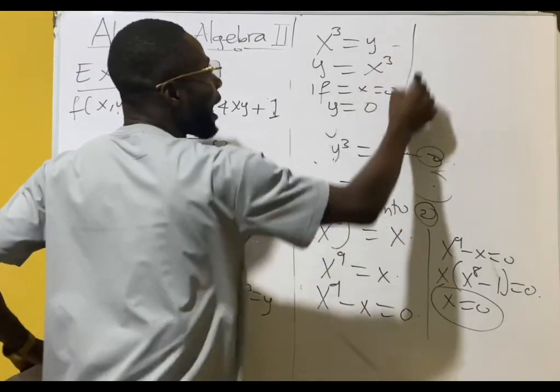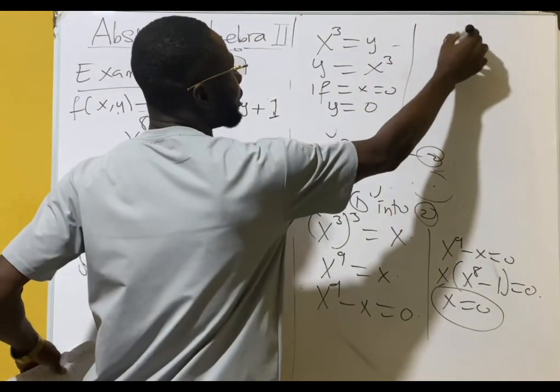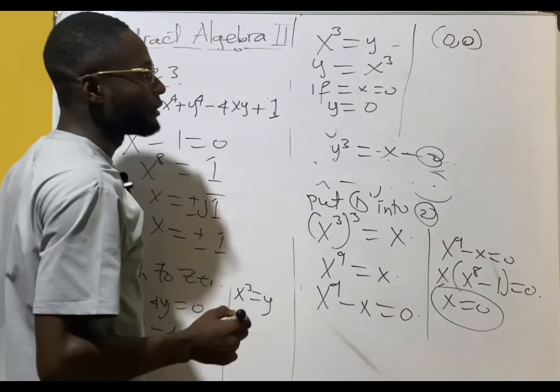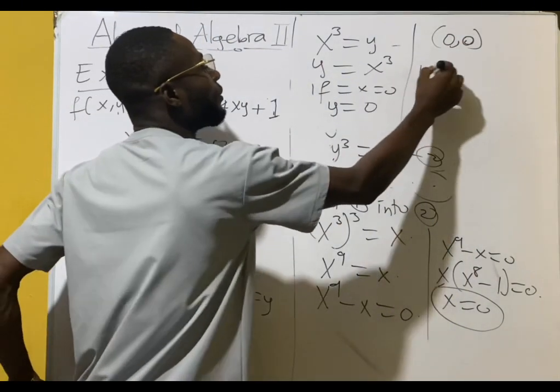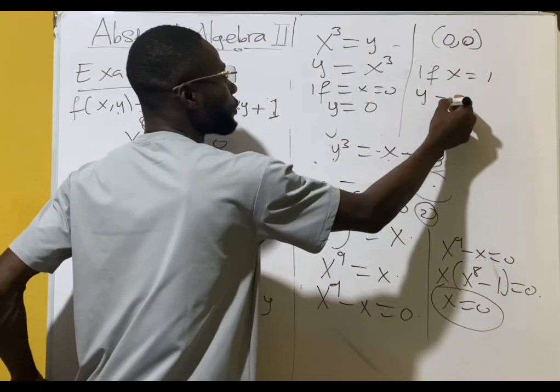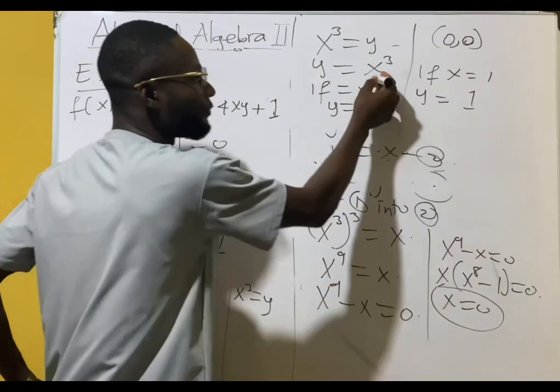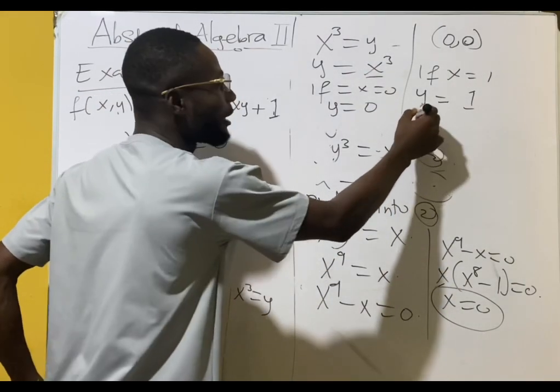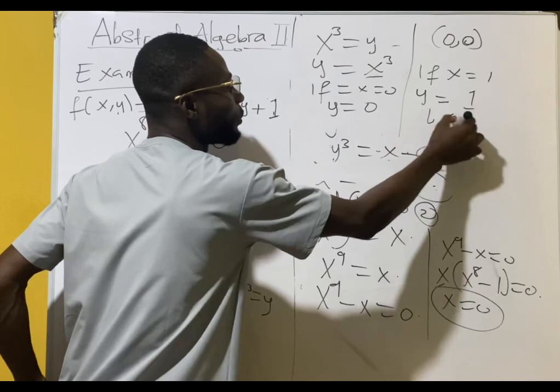So we have our first critical point at 0, 0. And also if x is equal to 1, then y is equal to 1 as well from here, right? Then it means that our second critical point will be 1 and 1.